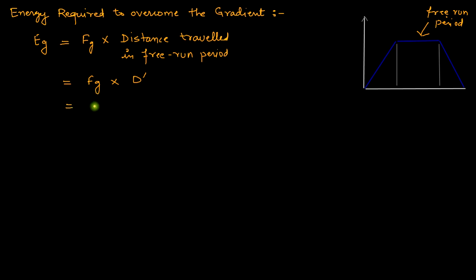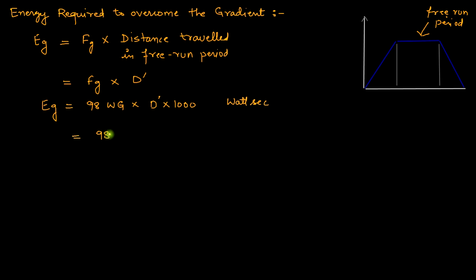Now we know Fg is equal to 98 Wg times d dash is mentioned in kilometers, so converting into meters, it will be d dash times 1000 meters. So this Eg will be equal to 98 Wg d dash into 1000, and the units will be in watt second, but we need the unit of Eg to be in watt hour, so we need to divide the expression by 3600.